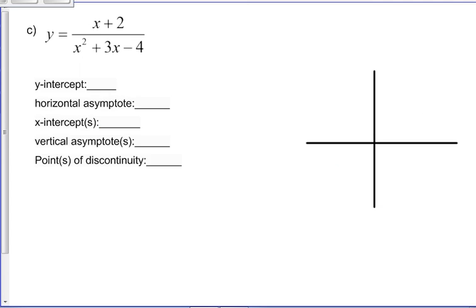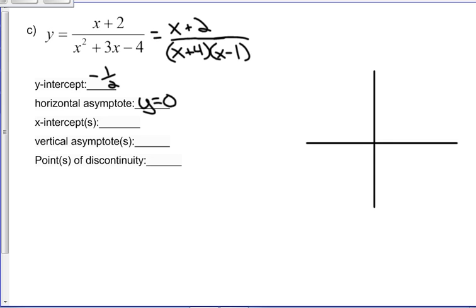Okay, let's do one more where we're describing and then graphing. So over here, y-intercept, if I put in zeros for x, I'll have 2 over -4 or -1/2. Horizontal asymptote. Higher powers on the bottom, therefore y equals 0. X-intercepts, well, let's factor. This is going to be x plus 4, x minus 1.